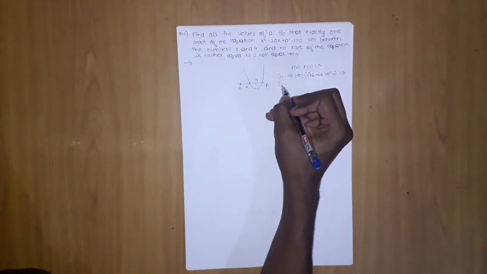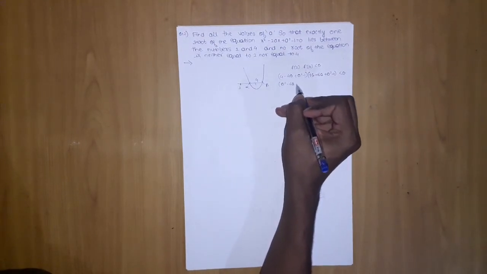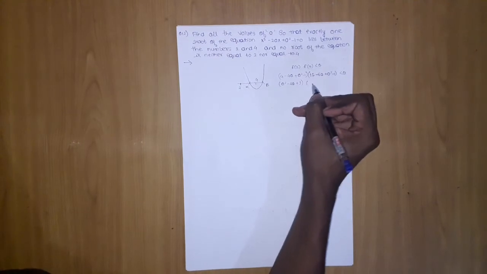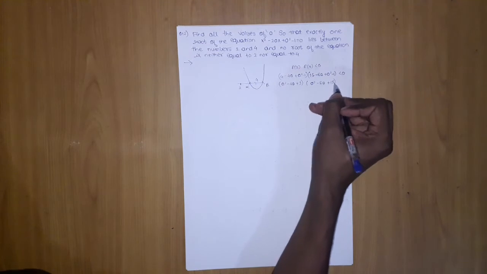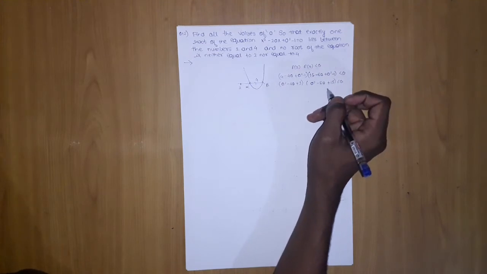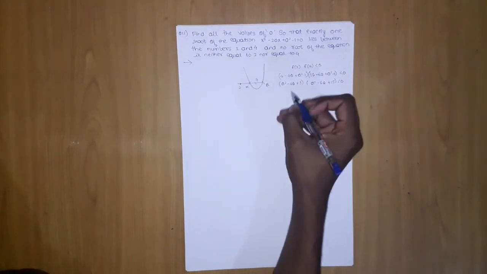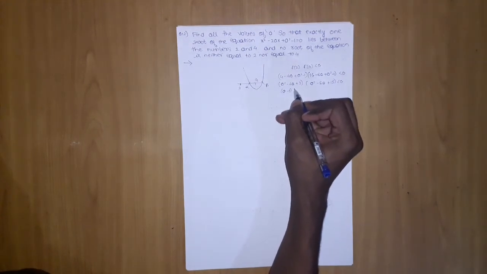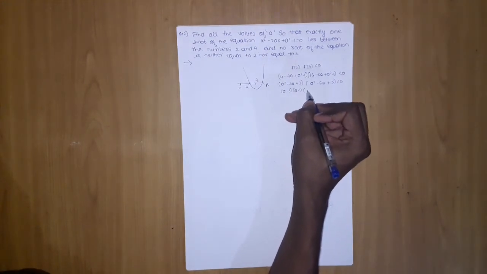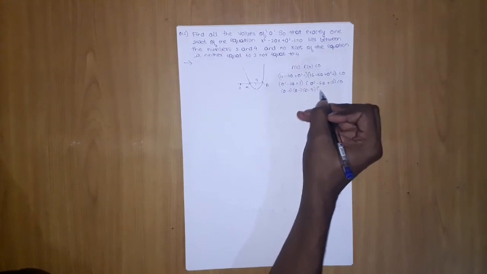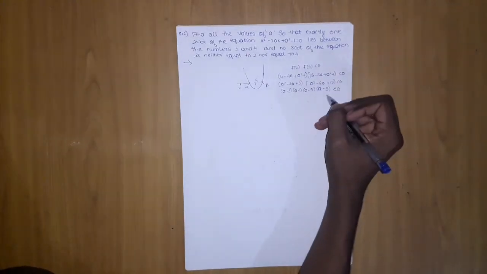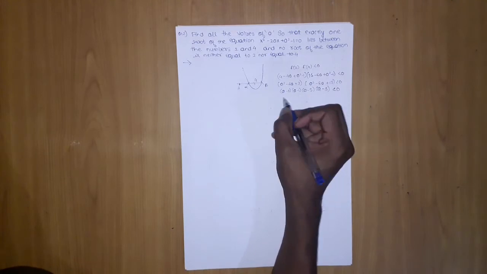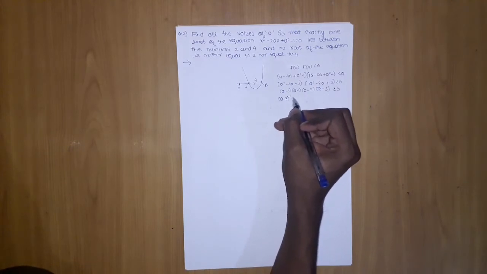Let me simplify this: (a square minus 4a plus 3) into (a square minus 8a plus 15) should be less than 0. We are getting (a minus 3)(a minus 1) and (a minus 5)(a minus 3). Here there are two (a minus 3), so it will become (a minus 3) the whole square.